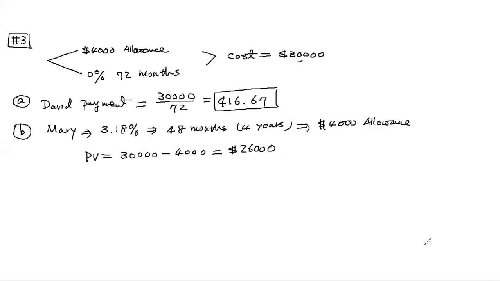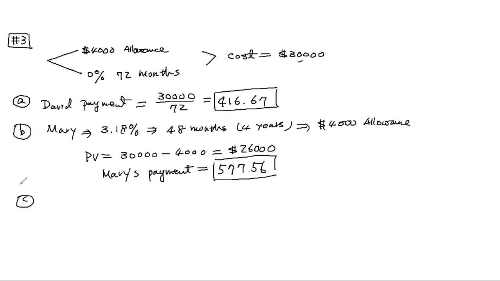So based on the calculator, Mary's payment will be equal to $577.56 per month.